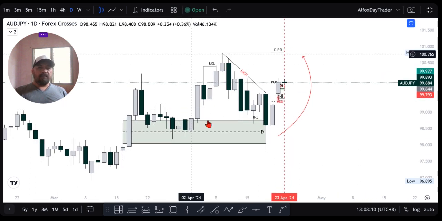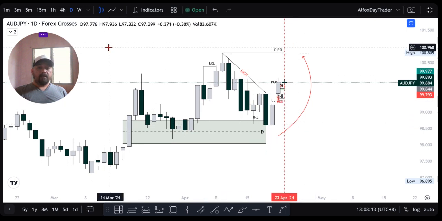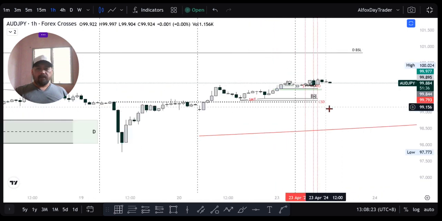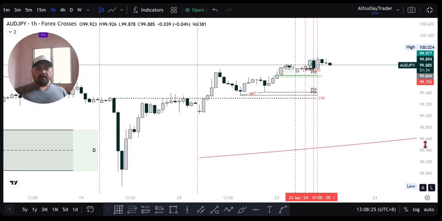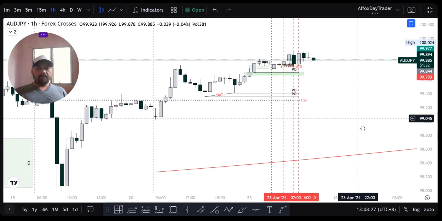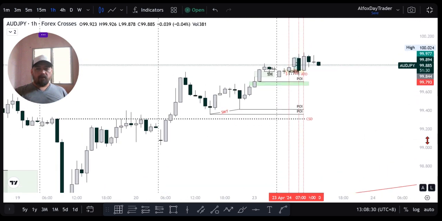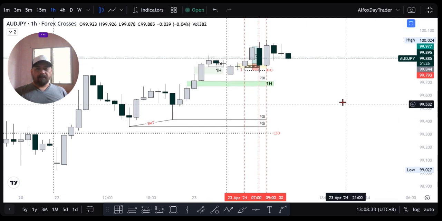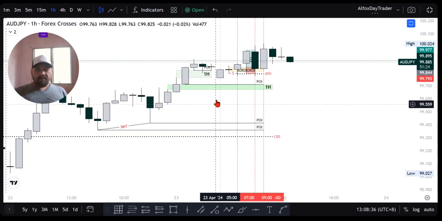So now that we have our bias, I went down to my 1 hour time frame for my market structure and narrative. As you can see, we are now in the 1 hour time frame. I woke up around 5 a.m., and 5 a.m. is somewhere here.